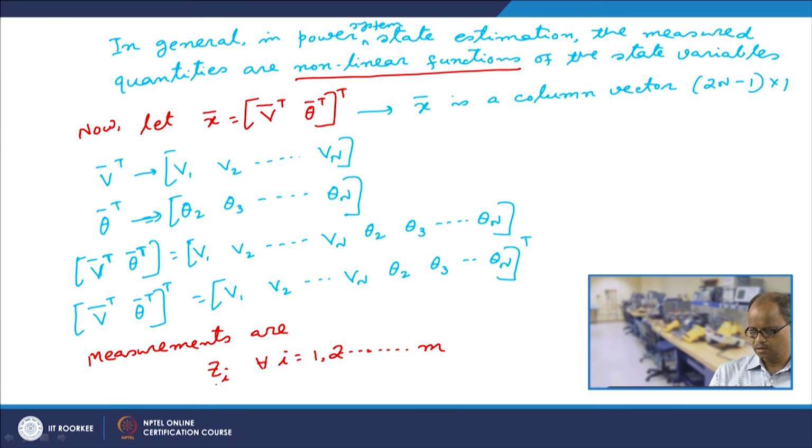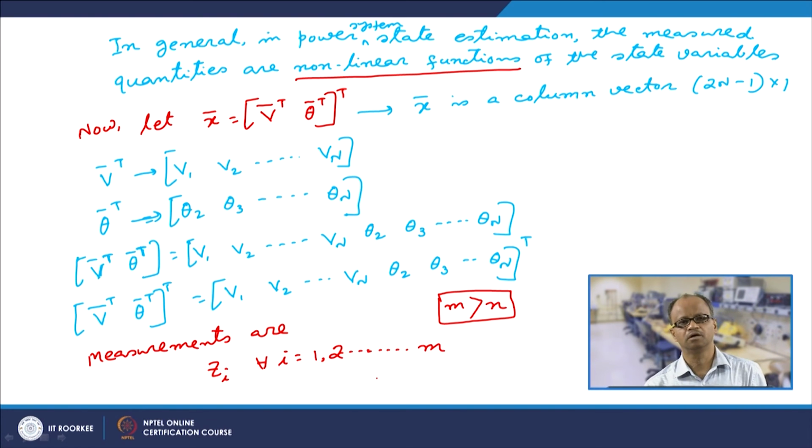These measurements can be either Pij or Qij or the magnitude of current Iij or Vi or Pi or Qi, anything. The only thing is that m is greater than n. That is the most important thing we said, and this is due to the constraint we make to ensure that any bad data can be detected and removed.